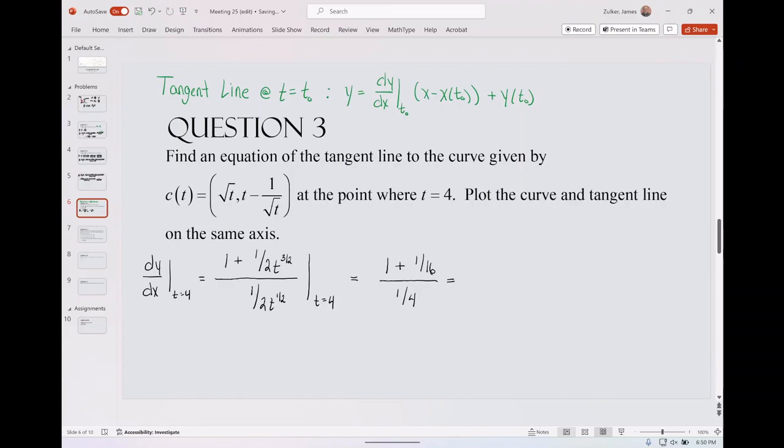Multiply numerator and denominator by 16. Get 17 over 4, don't you? So there's the slope.